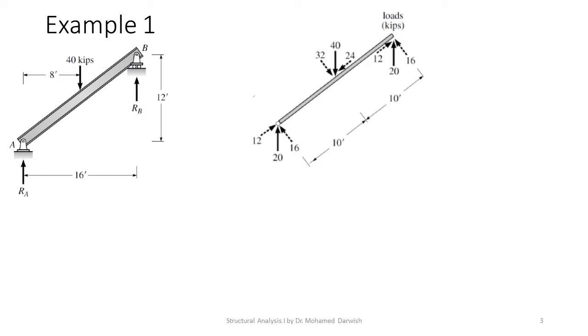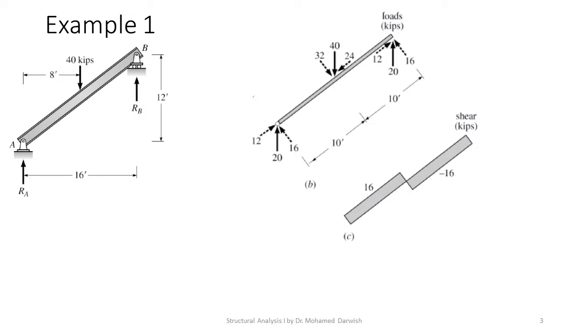So based on that, if we take a cut just after joint A, we will find a shear force of 16 kips, which is in the same direction as that arrow. So this is a positive shear, 16 kips. Then it's constant until we reach the 32.